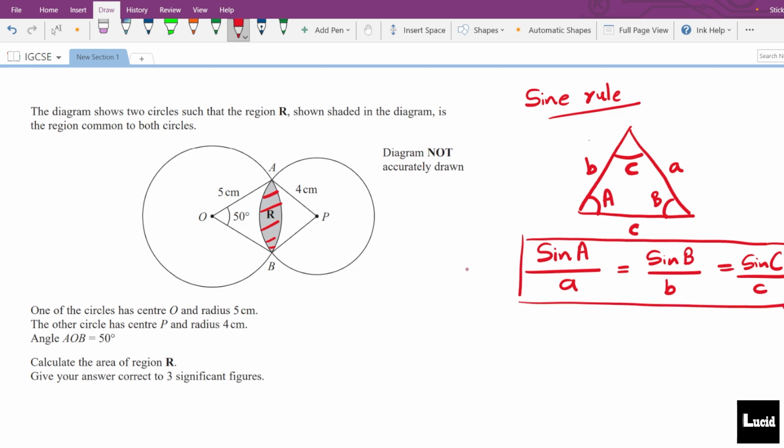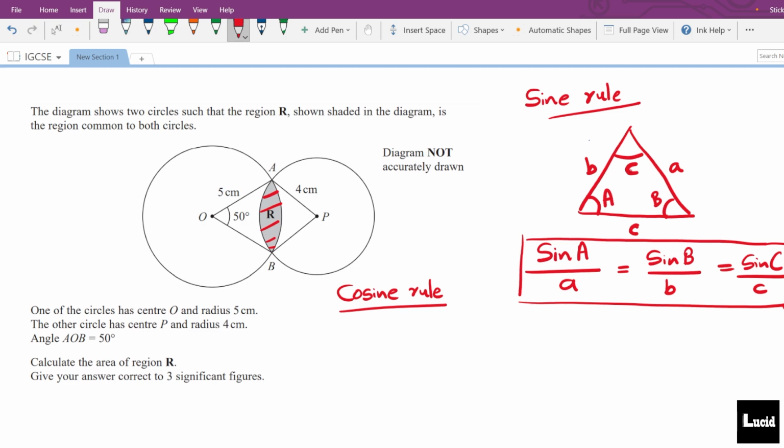The second rule is the cosine rule. For the same triangle, the cosine rule involves all three sides and one angle.